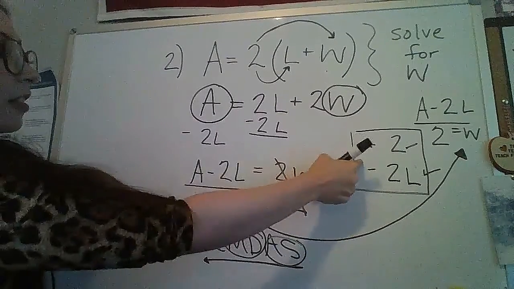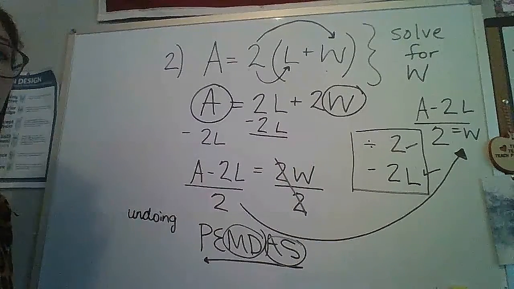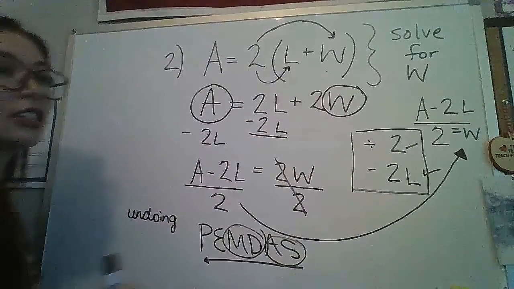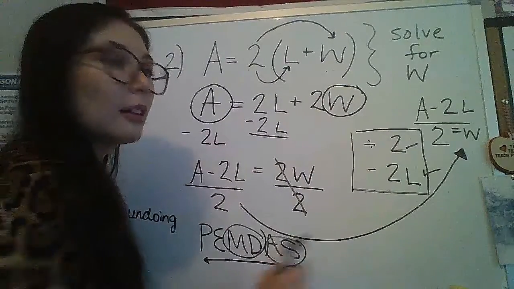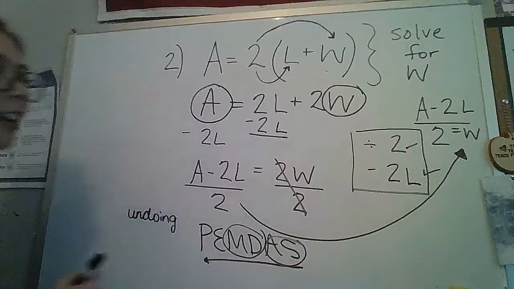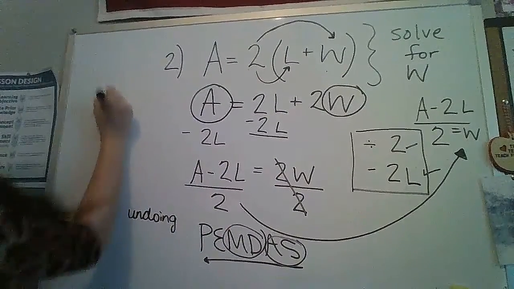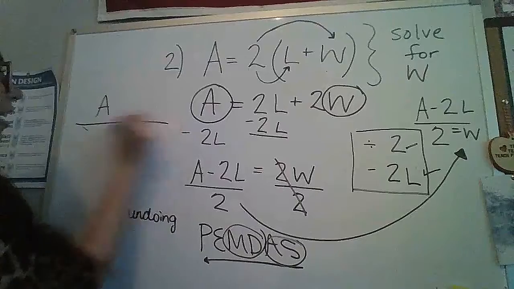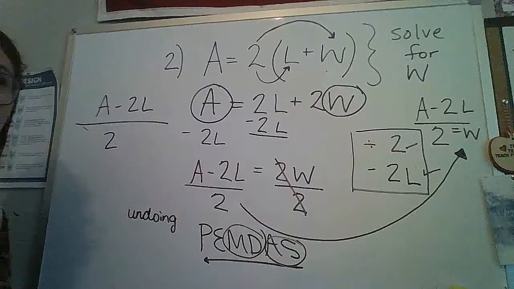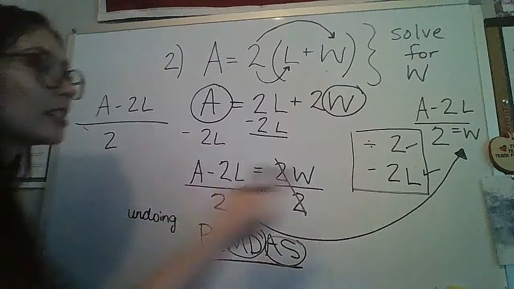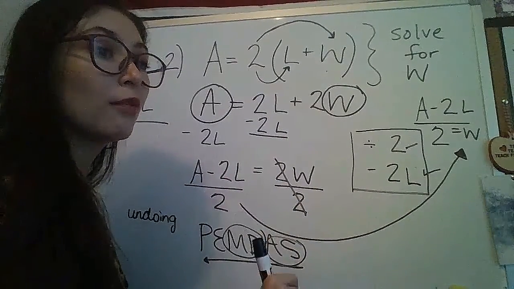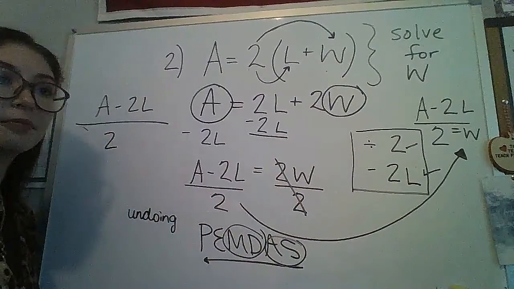And I discovered that the operations I need to get this in terms of W equals is to divide by 2 and subtract 2L. So when I look, my final answer just took A, divided by 2, and subtracted 2L. So this is kind of a shortcut once you get to your list of inverse operations.